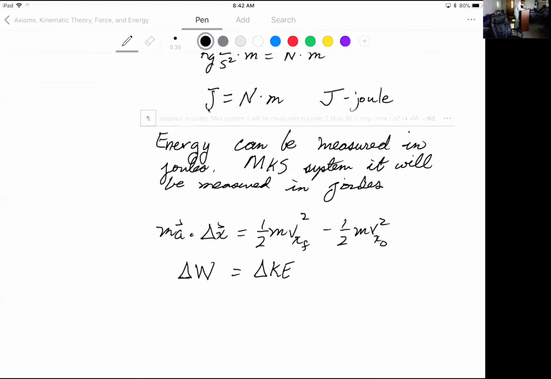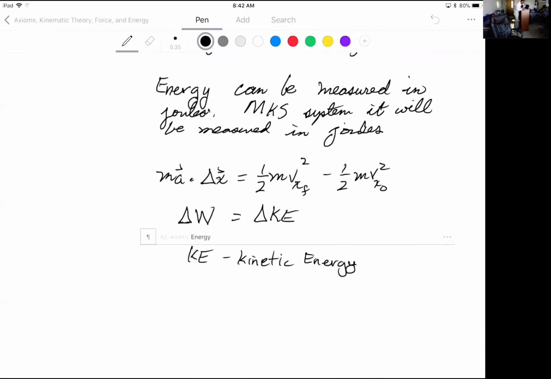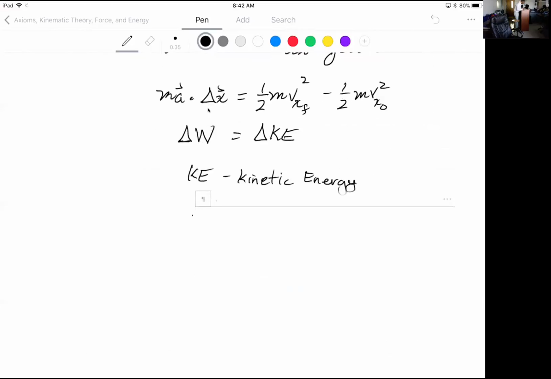And I should write that out. And kinetic energy is just defined like so.